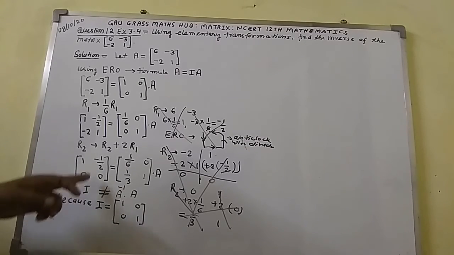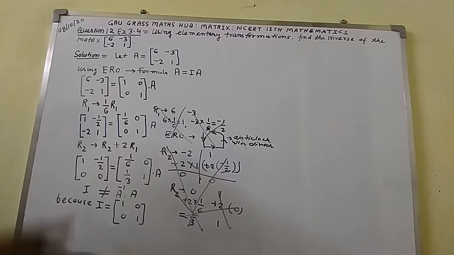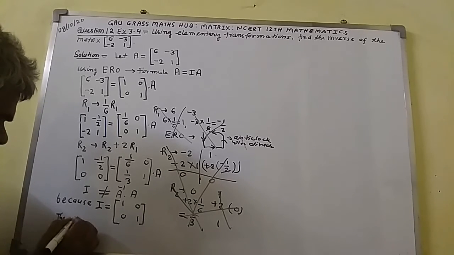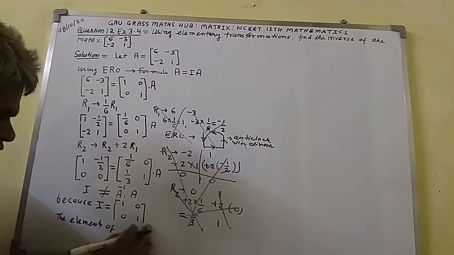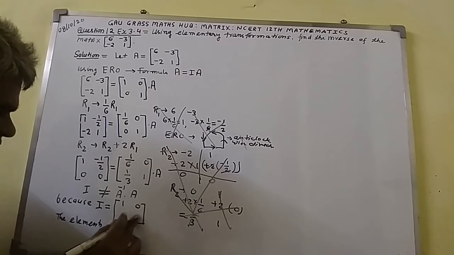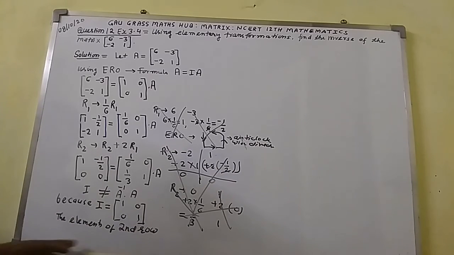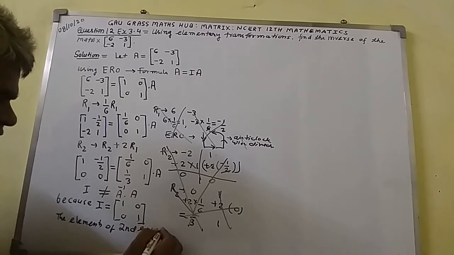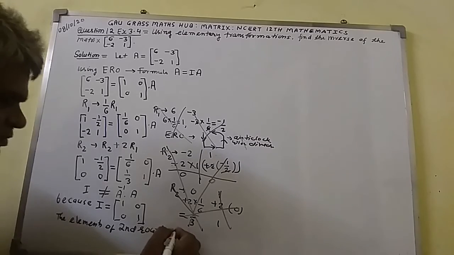So here you can see this one 0 0 is there, so here I can write the elements of the second row in the matrix.